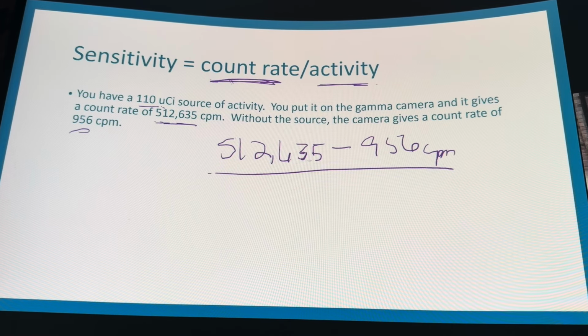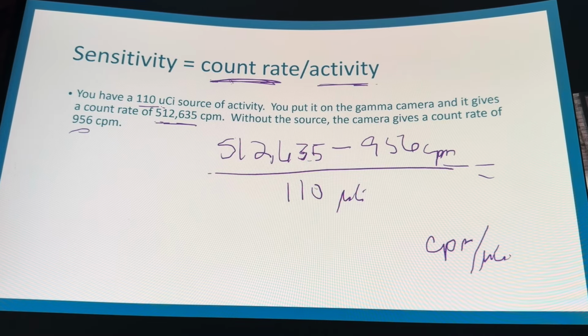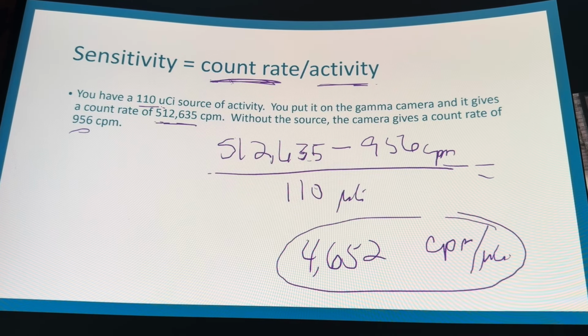Those are my CPMs. I'm going to divide that by my activity of 110 microcuries. My unit is CPM per microcurie. So you plug that in your calculator, and you're going to get 4,652 CPM per microcurie.